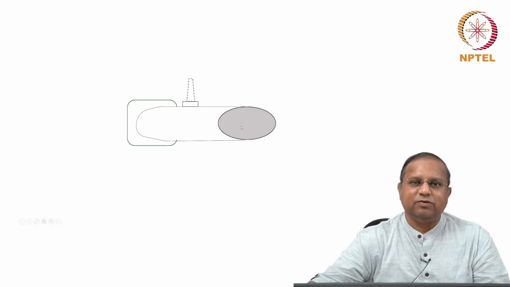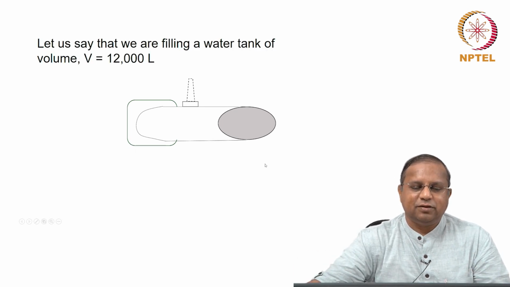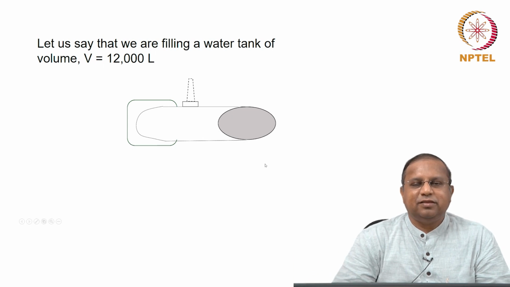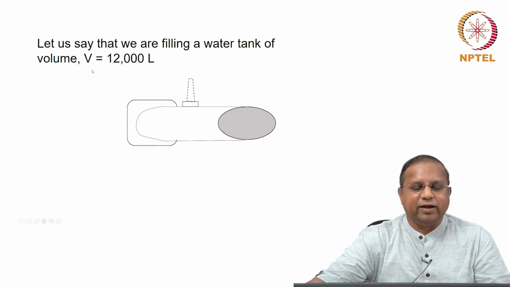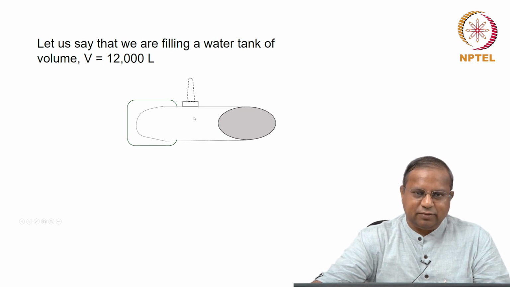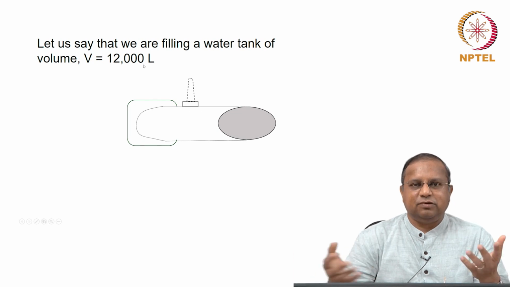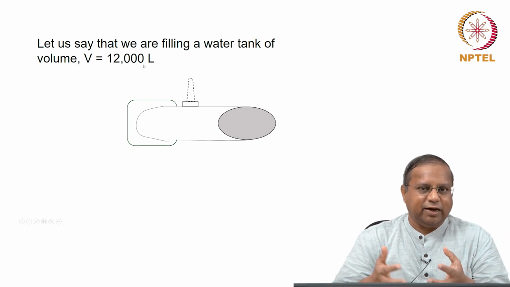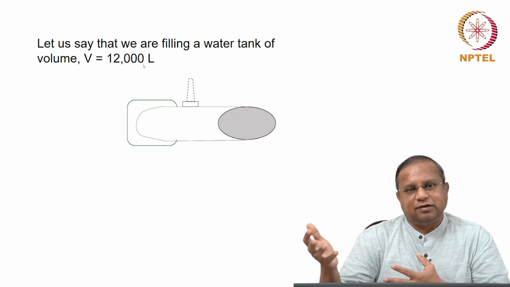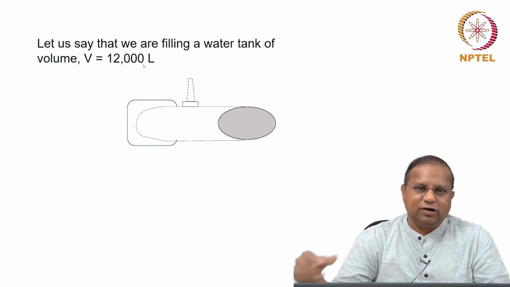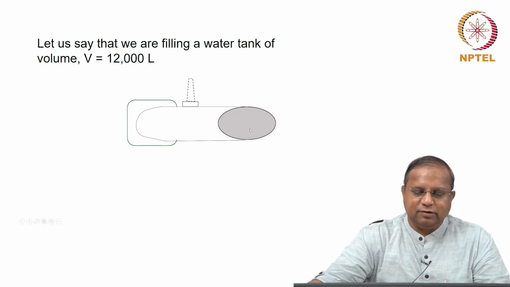Okay, this is the situation that we have in our hand. Let us say that we are filling a water tank, and the volume of this container or the tank is 12,000 liters. Okay, why did I choose this 12,000? Because the smaller tankers in Chennai are 8,000 liters, the large tankers are 16,000 liters. So, I chose an average value of 12,000 liters. Okay.